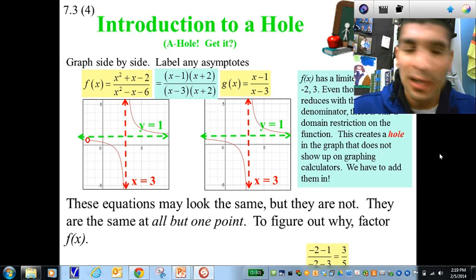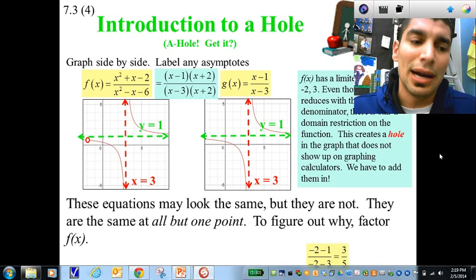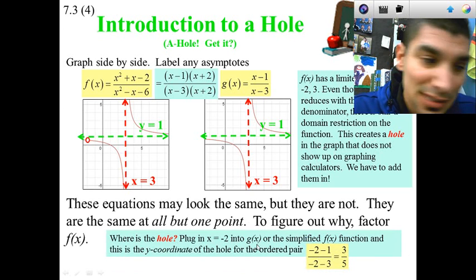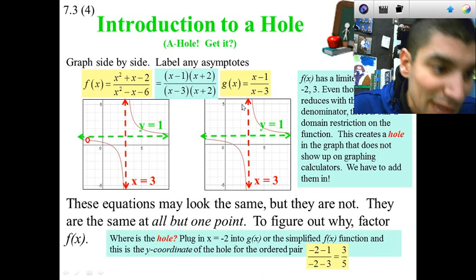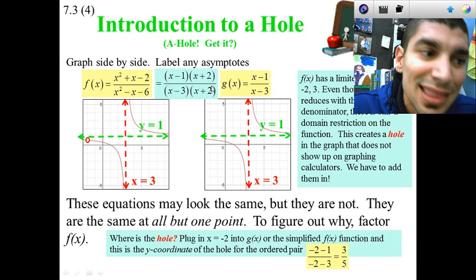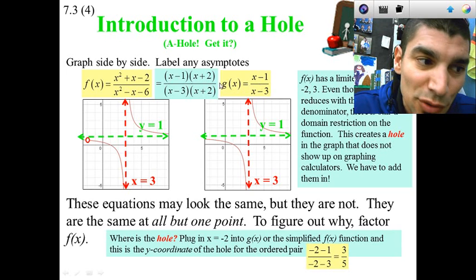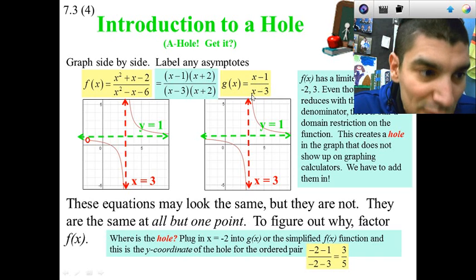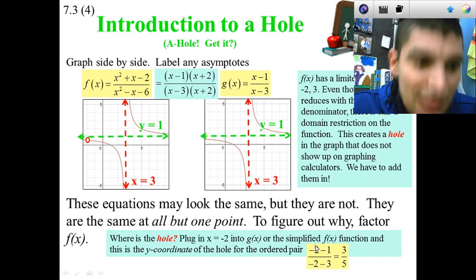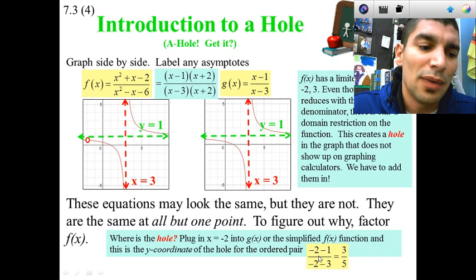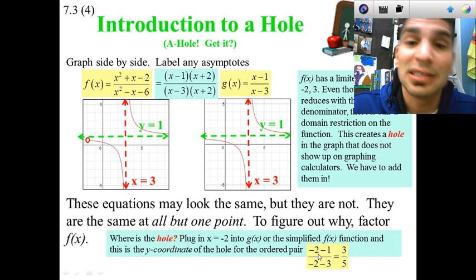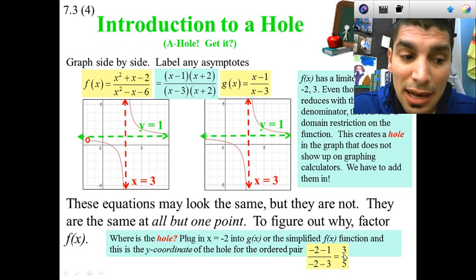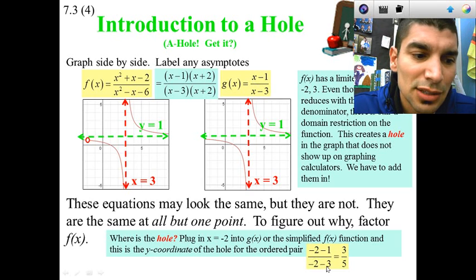But if I were to plug in -2 here and -2 there, -2 minus 1 equals -3. -2 minus 3 is -5, but a negative divided by a negative is a positive 3/5. So when x is -2, the y coordinate would be 3/5 up. So that's where that hole is located. So now you know how to find the hole.